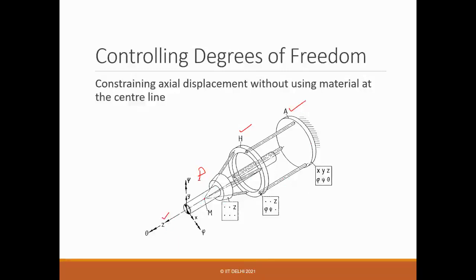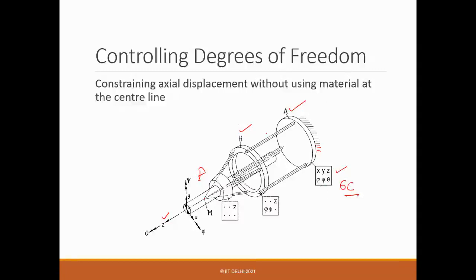What do you see here? The base is a fixed base, right? What do you see? X, Y, Z translation, phi, psi, theta, all three rotations. It's rigidly clamped. So of course you have all the 6 DOF constraints. I think 6 constraints here. You all agree, right?